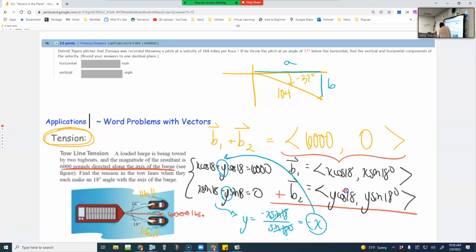So that second barge is pulling down, and that would have been a negative.